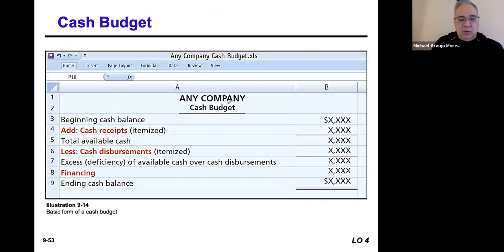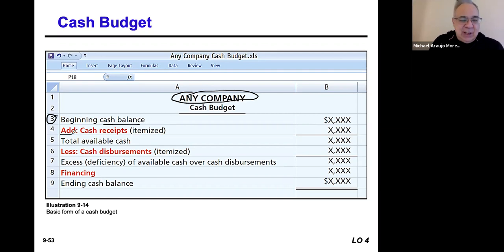All right. So this is for any company. Has anyone ever been there? I think I have. And this is the basics of a cash budget. You start off with the beginning amount of cash you have. Right?